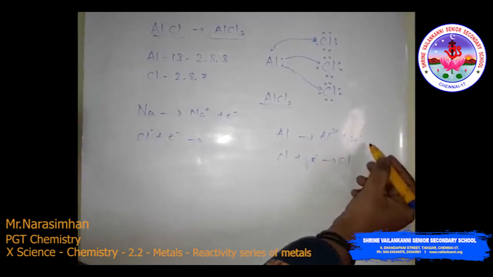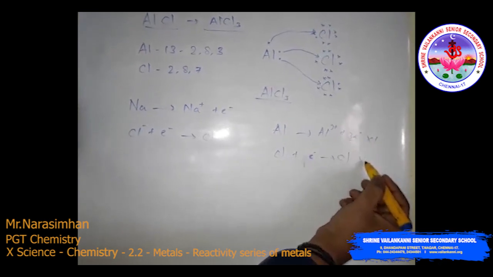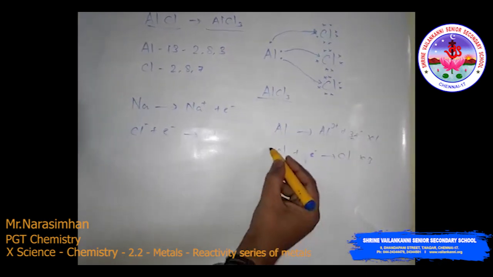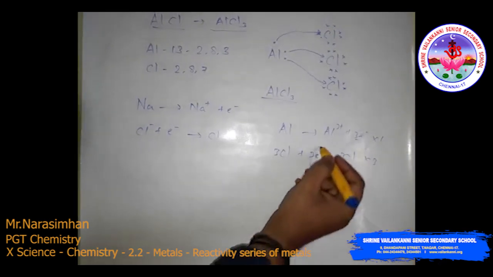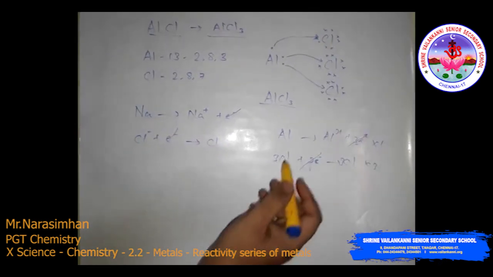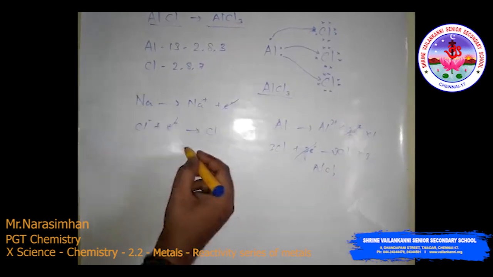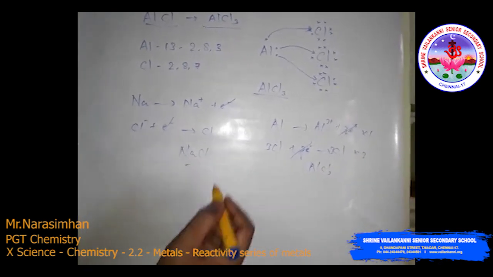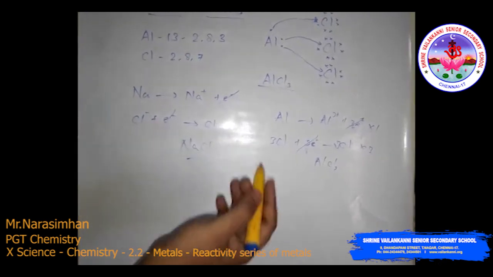You have to cross multiply like this: this one multiplied by 1, this electron multiplied by 3, so that you get 3Cl, 3Cl and 3 electrons. So the electrons will be cancelled. Similarly, here also the electrons will be cancelled. This is the formation of AlCl3, and this is the formation of NaCl. Okay, the next is the properties of the ionic compound.